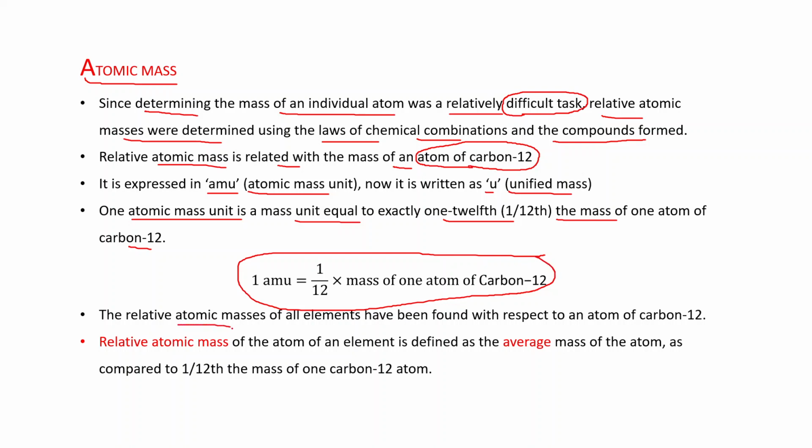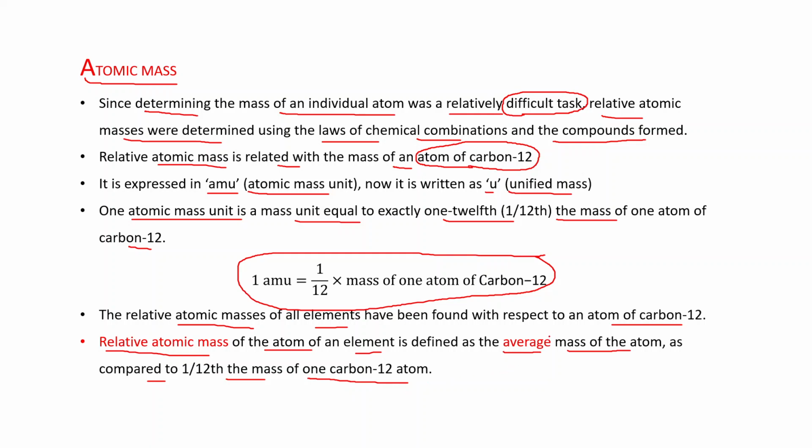The relative atomic masses of all elements have been found with respect to an atom of carbon-12. The relative atomic mass of an element is defined as the average mass of the atom as compared to 1/12 the mass of one atom of carbon-12.